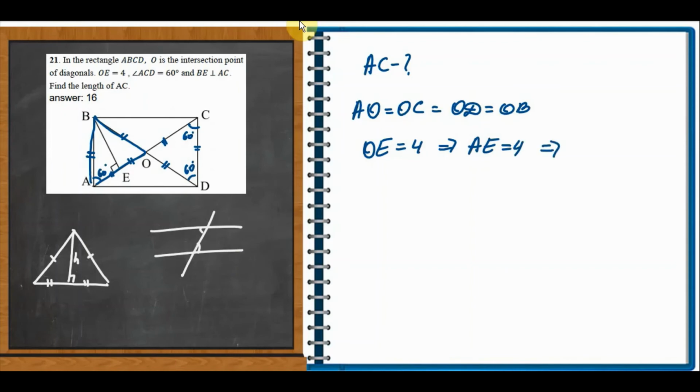So we will say that AO equals 4 plus 4, which is 8. Now, if we want to find AC, AC will be 2 times AO. It's going to be 2 times 8, which is 16. The correct answer is 16.